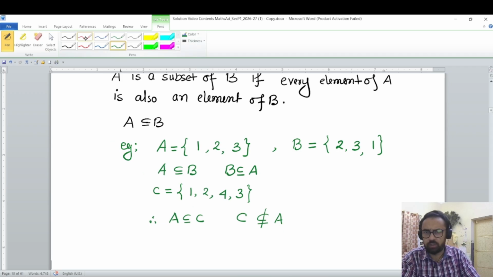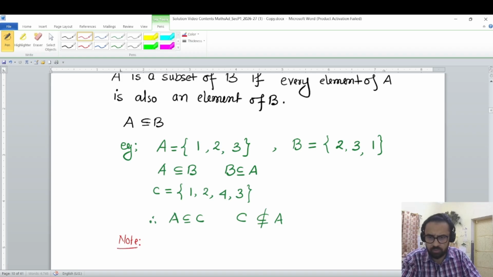I can write as a note, there is a small concept of proper subset. Okay, proper subset. So what is the definition of proper subset?